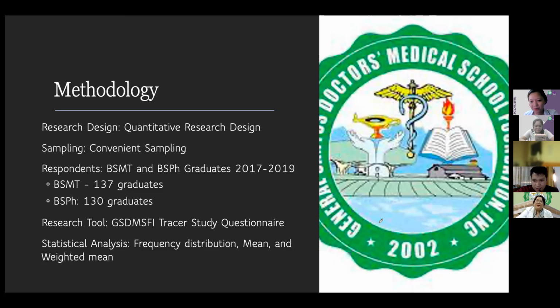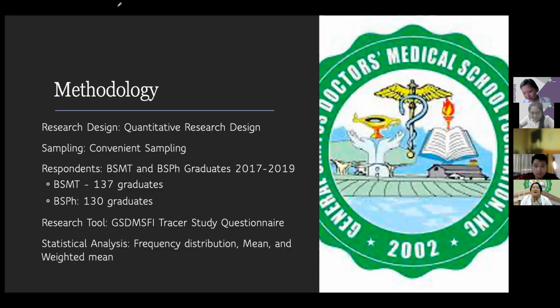Pero di na lang siguro nila ibutang ang Slovin's formula kay according to the many statisticians now, dili nila gina-recognize ang Slovin's formula. Siguro sa ibang statistician. Pero for this particular study, we don't need a statistician kasi mean lang ito at saka percentage distribution.